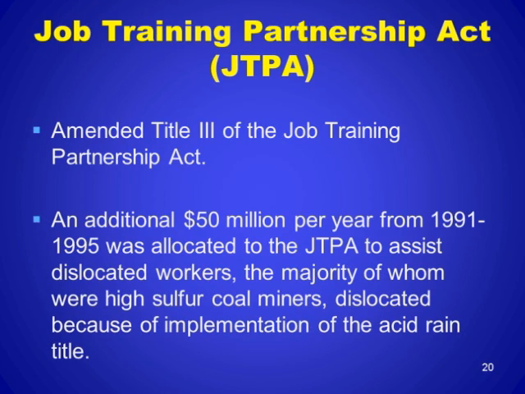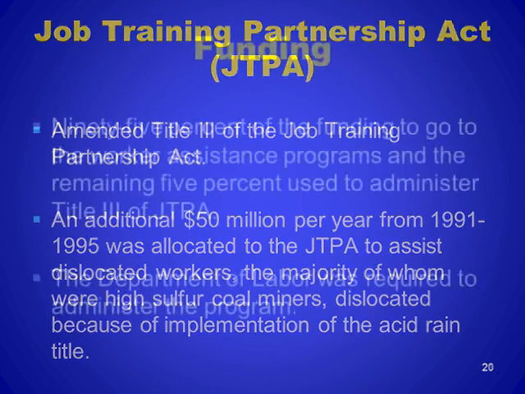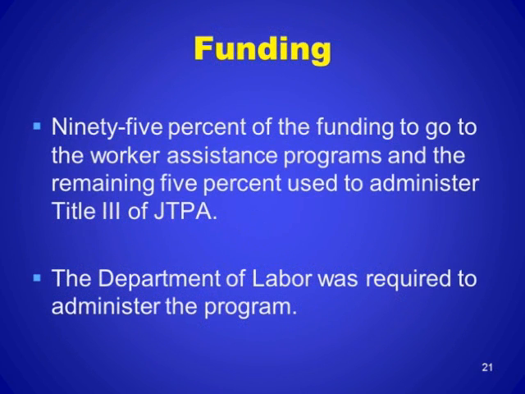An additional $50 million per year from 1991 through 1995 was allocated to the Job Training and Partnership Act to assist dislocated workers, the majority of whom were high-sulfur coal miners, dislocated because of implementation of the acid rain title. 95% of the funding was to go to the worker assistance programs, and the other remaining 5% was to be used to administer Title III of the Job Training and Partnership Act. The Department of Labor administered this program.